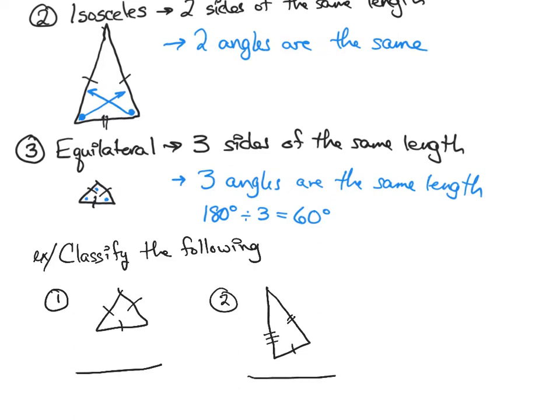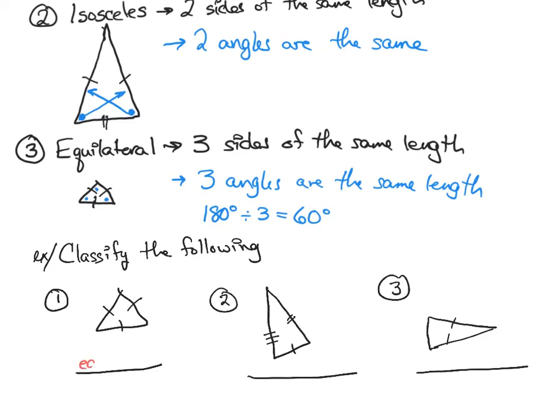And remember, they're not drawn to scale necessarily, so you have to use the information that you're given with the little lines to tell you what they are. So I'll give you a second. See if you get them.